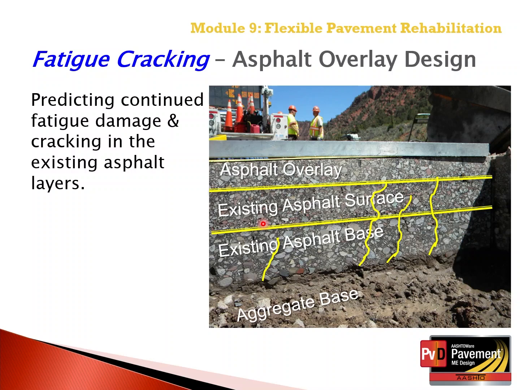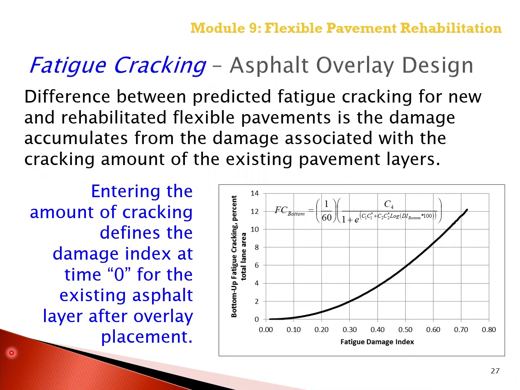Because there is cracking that can occur or has occurred in the existing asphalt base that is propagated to the surface, but not all cracks may have propagated to the surface from bottom-up fatigue cracking. So the difference between the predicted fatigue cracking for new and rehabilitated flexible pavements is that the damage accumulates from the damage associated with the cracking amount in the existing layers.